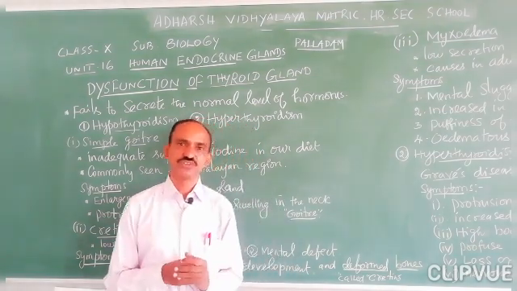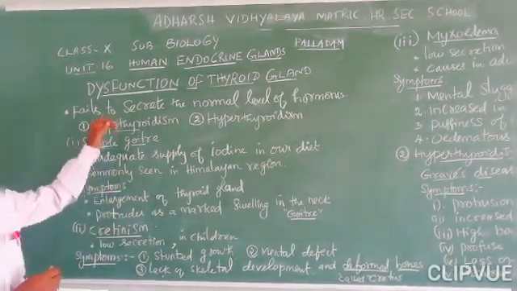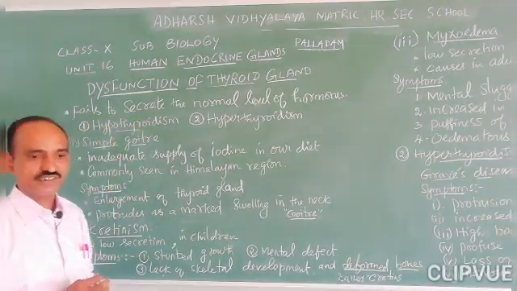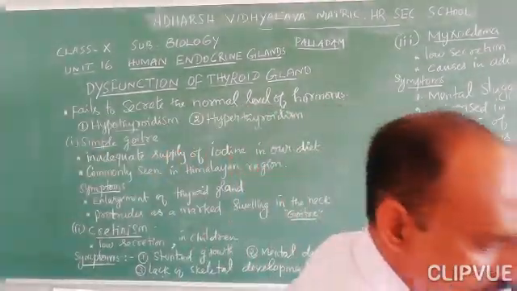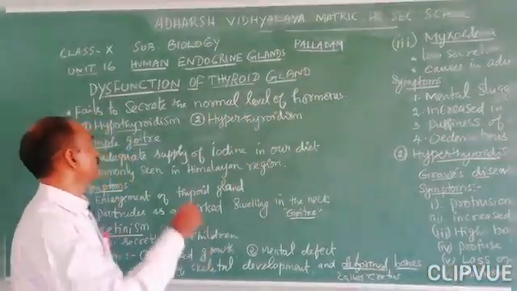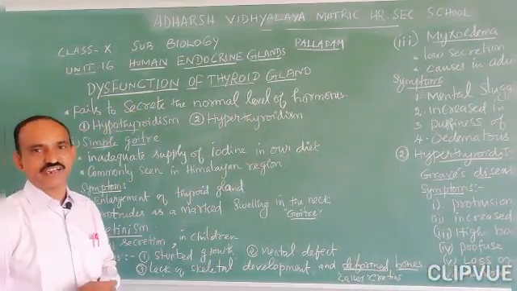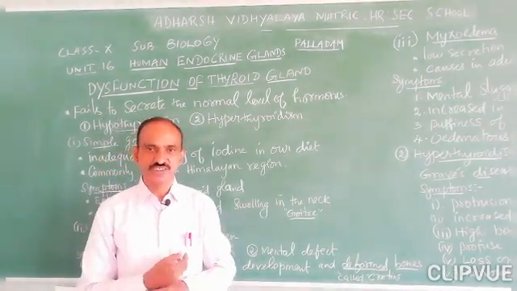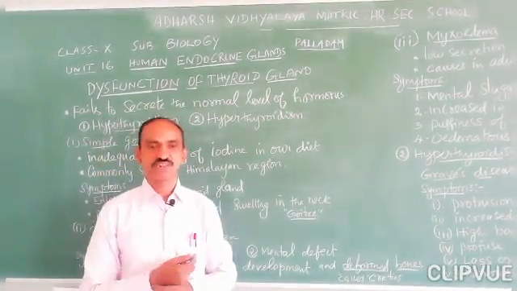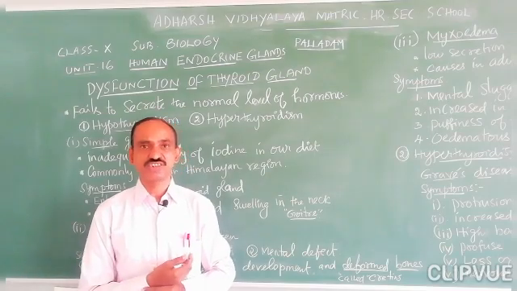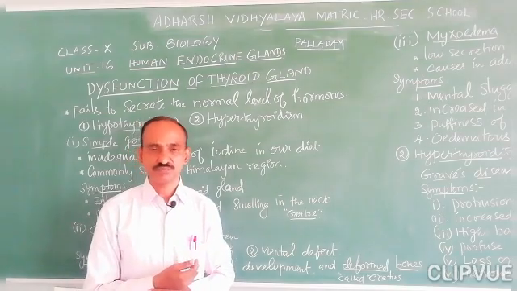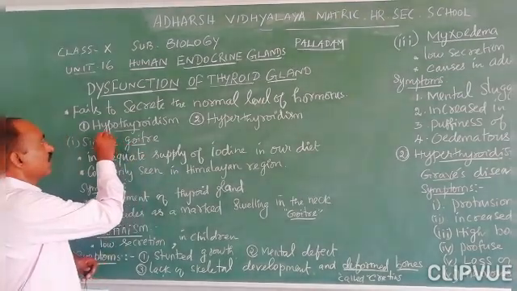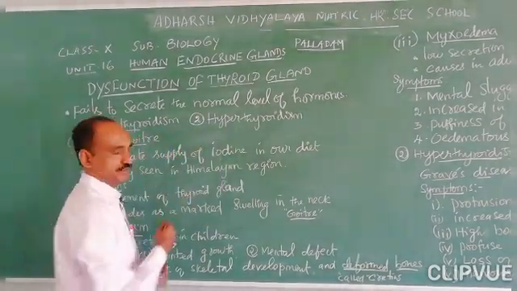Now we are going to see dysfunctions of the thyroid gland. What is meant by dysfunction? It is improper secretion of the thyroid gland. When the hormone is secreted in excess, over secretion, more secretion, that is called hyperthyroidism.